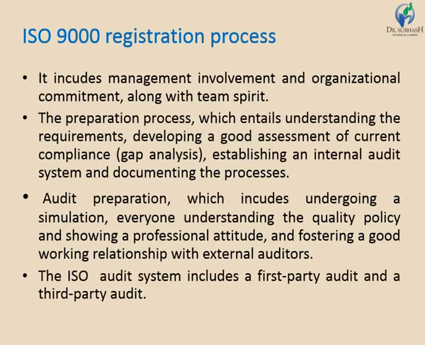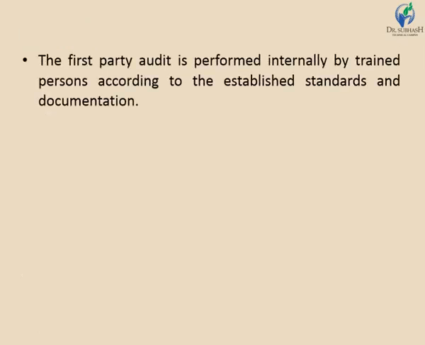Next, the ISO audit system includes first party audit and third party audit. First party audit is performed internally by a trained person according to the established standard and documentation.